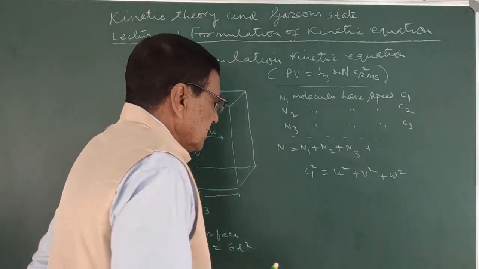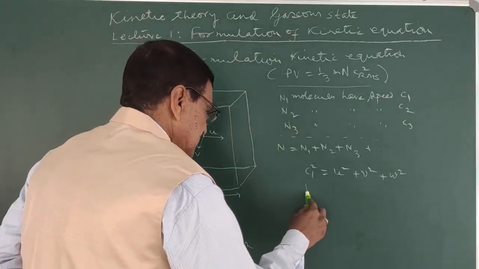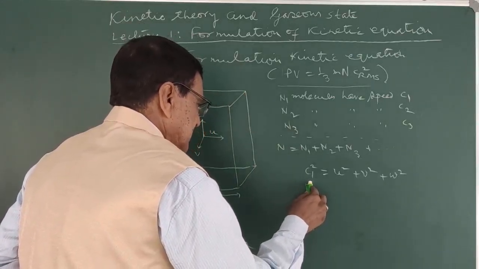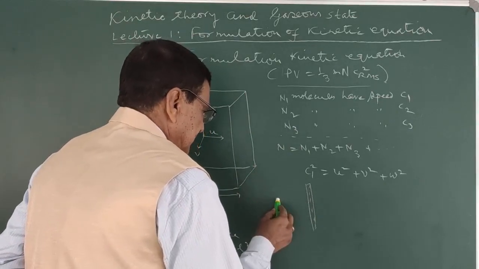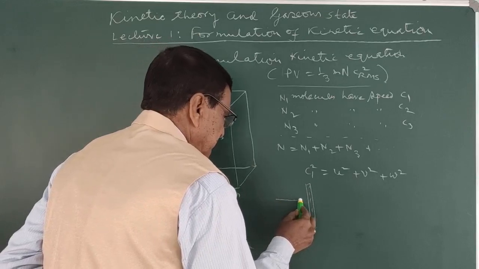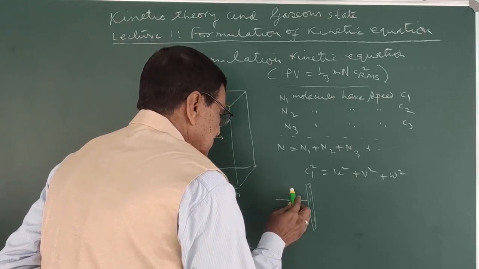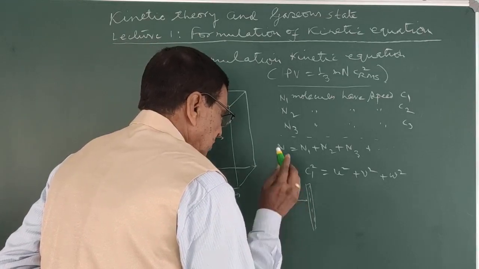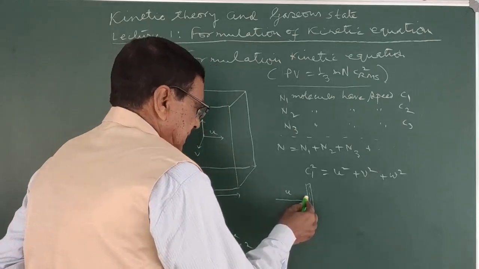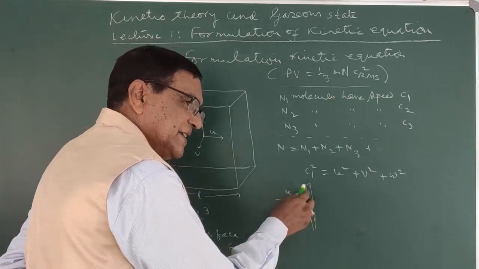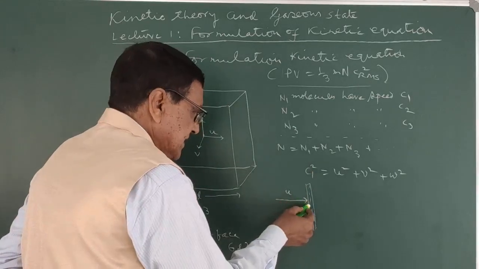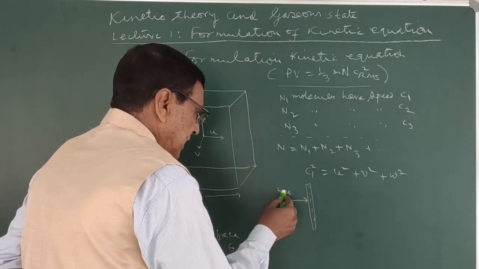Suppose this molecule is coming with this velocity U and striking the wall, and this collision is perfectly elastic, so its momentum is mu.